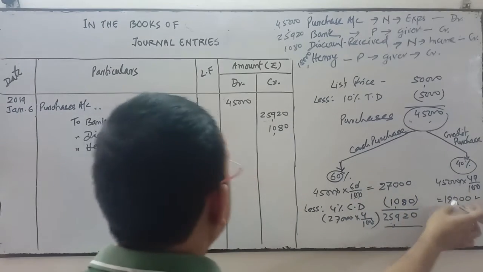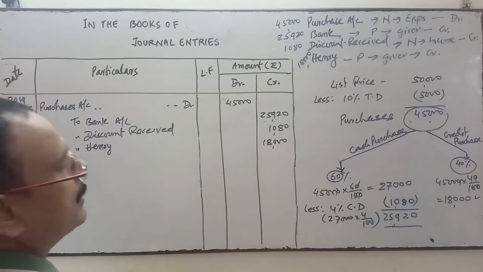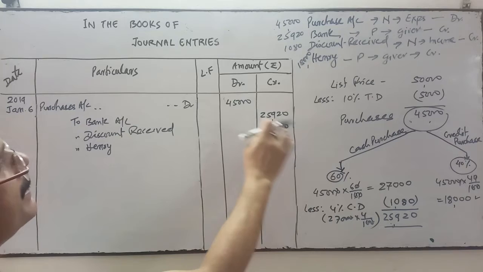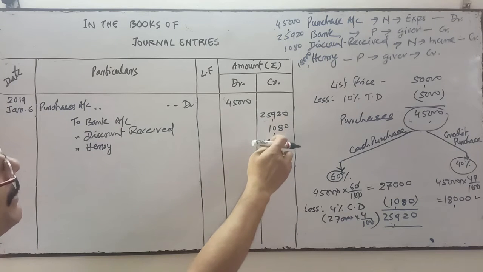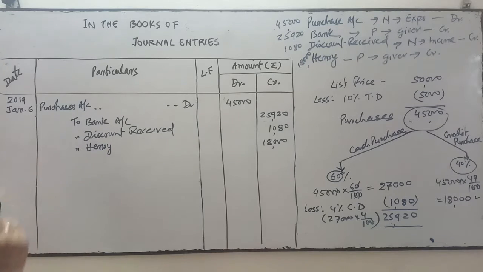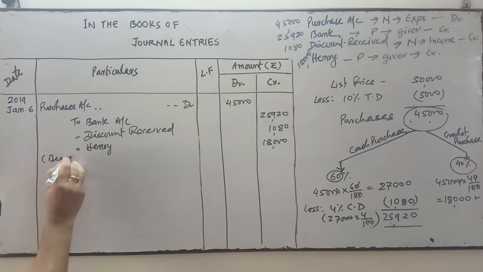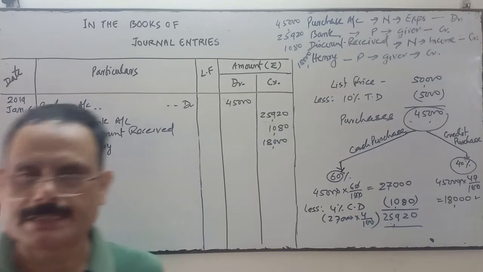So only with this amount the Henry account will be credited. Which one is credit purchase? 18,000. So see if the debit and credit amounts are the same or not. You can verify it. It is the same. So write the narration. Narration is very simple. Being what we write? Being goods purchased.